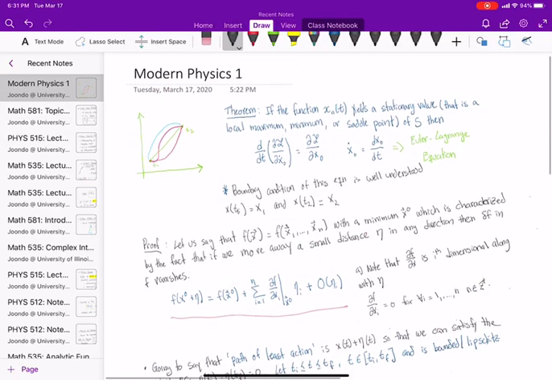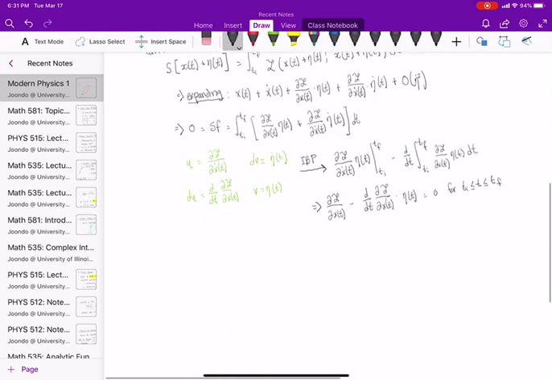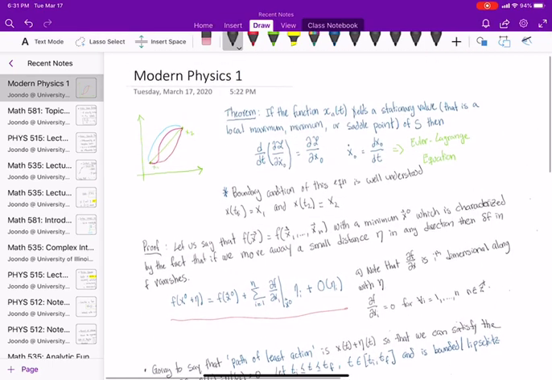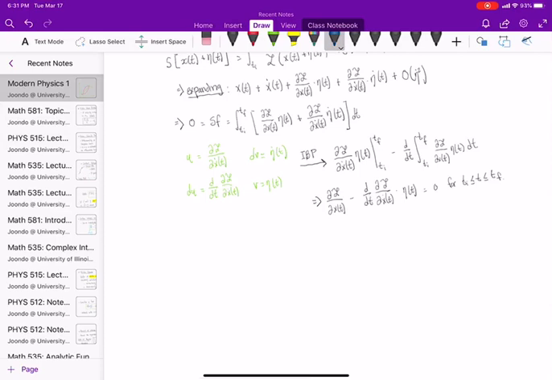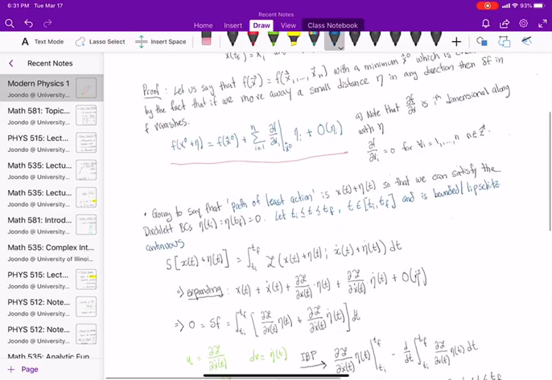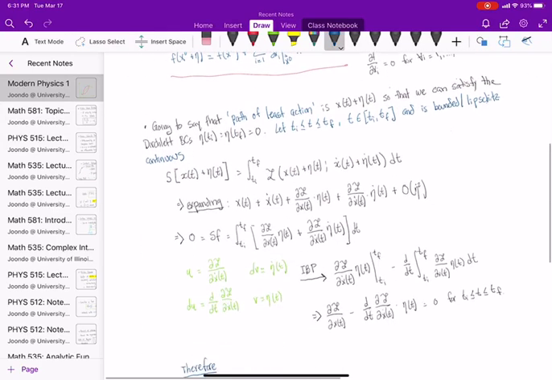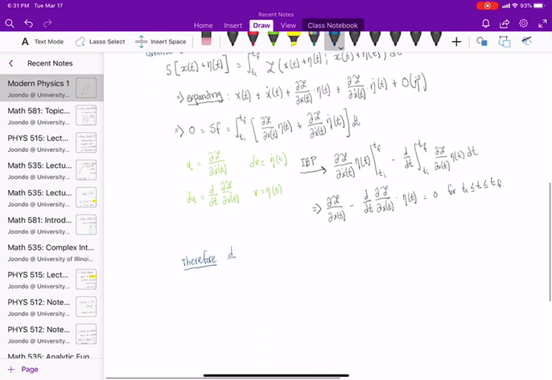And therefore, the derivative with respect to time t of the partial derivative of the Lagrangian with respect to x naught prime, minus the partial derivative of the Lagrangian with respect to x naught, is equal to 0.